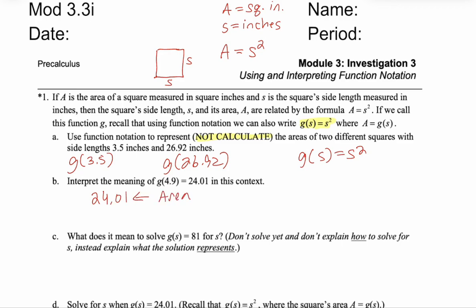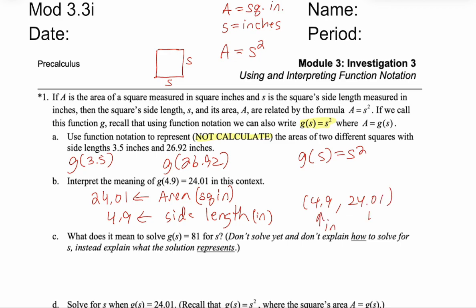So that's our area in square inches. Yep. So if we put that into words or into context, we would say that if we have a square with side length 4.9 inches, we would have an area of 24.01. So remember, that's the point, 4.9, 24.01. This is in inches. This is in square inches. Okay.